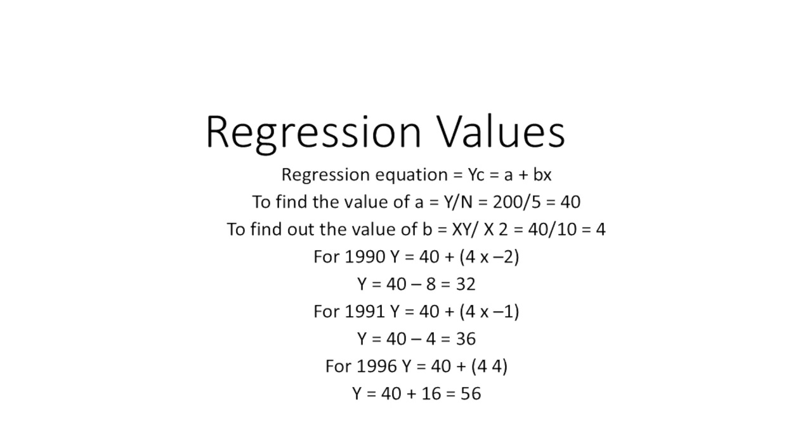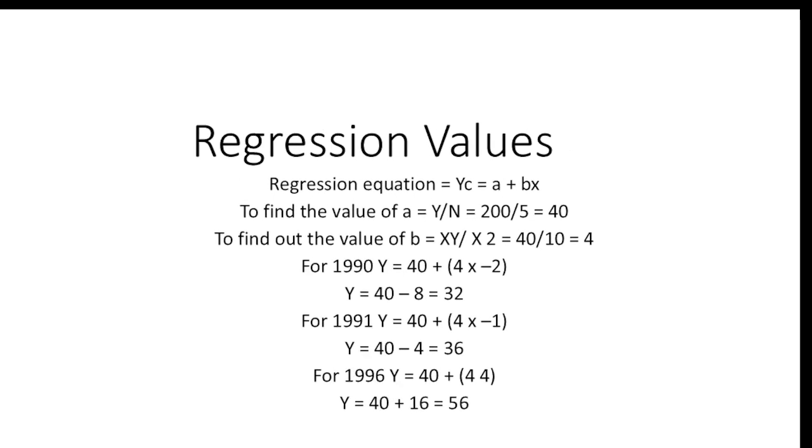And using these a and b, we have to find out the forecasted sale, that is y is equal to a plus bx. Then x is the year, which year it is.